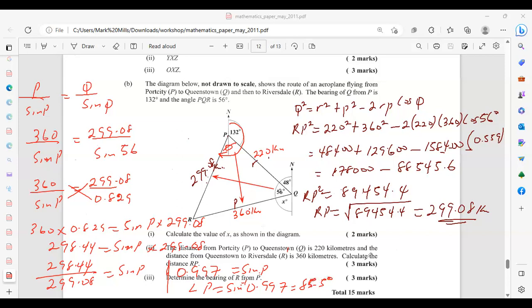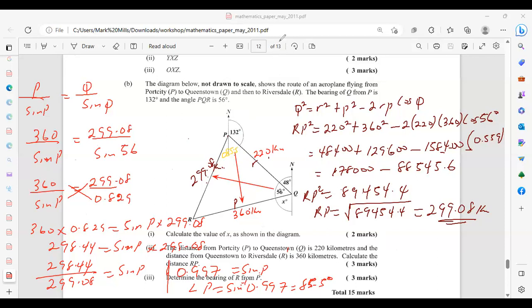All right. So that means this angle here, look at it, this angle is going to be 85.5. Then we add it to the 132.